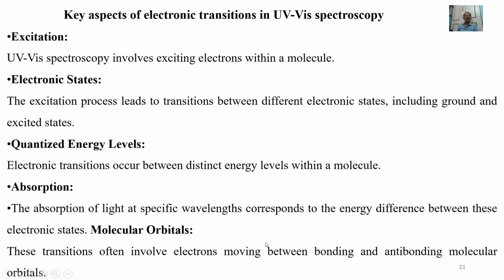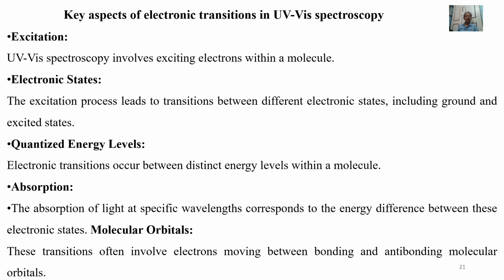Key aspects of electronic transitions in UV spectroscopy. Excitation: UV spectroscopy involves exciting electrons within the molecule. Electronic states: the excitation process leads to transitions between different electronic states, including ground and excited states.